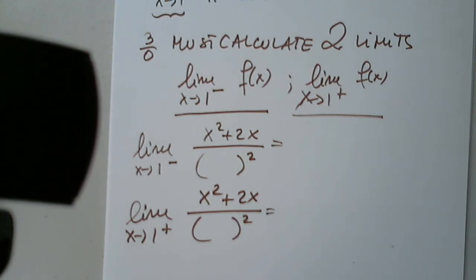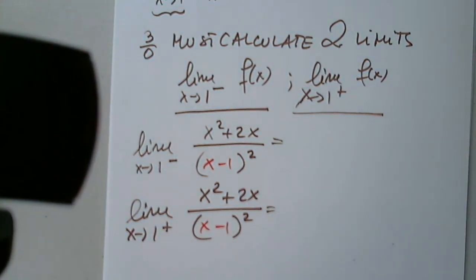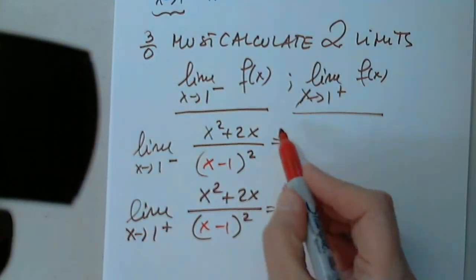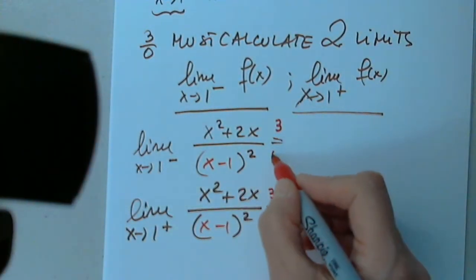How do I change it? Is it x squared minus 1? Excellent, thank you very much. You mean x minus 1 squared. Good, okay, so the numerator doesn't change. The denominator doesn't change.